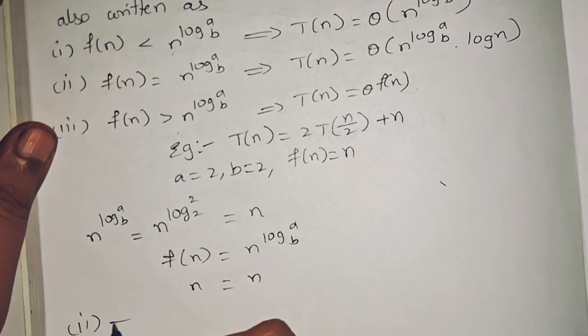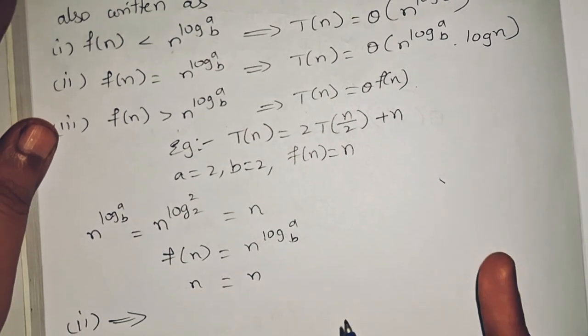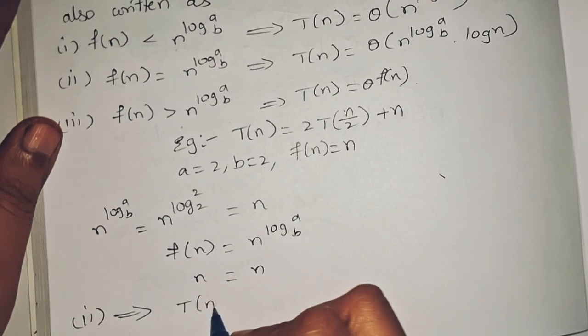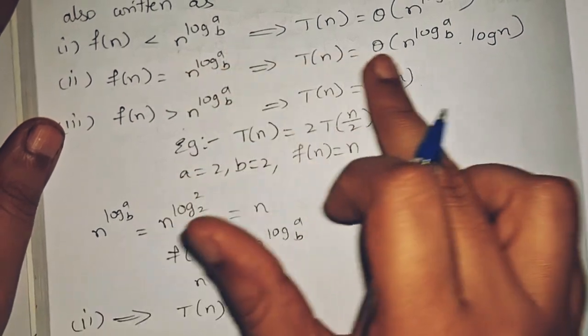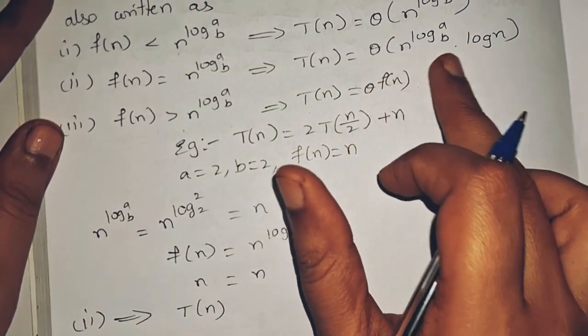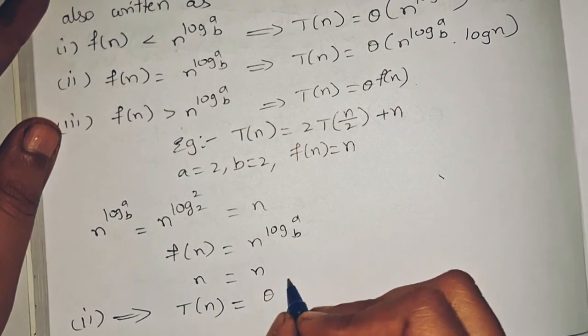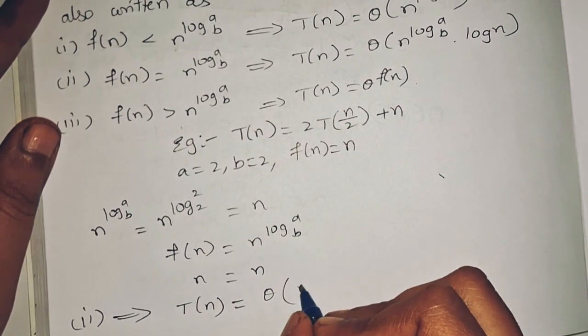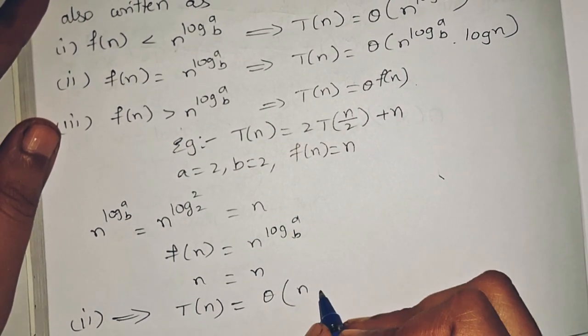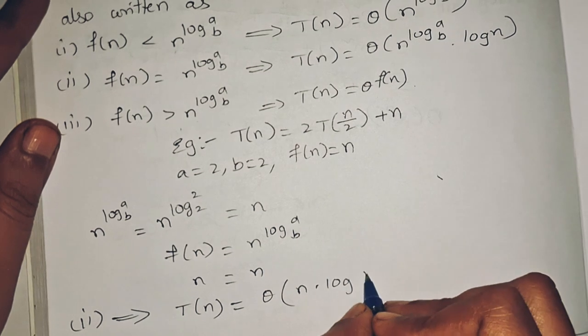Okay. So case 2 is, if this condition is satisfied, then we will go to this relation, right? So T of n equals theta of n power log a base b, which is n, into log n.